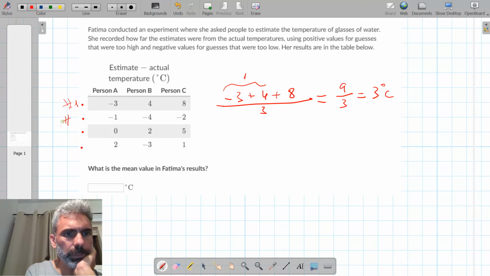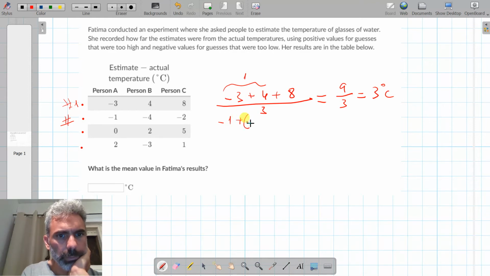Okay, for glass number 2, -1 plus -4 plus -2 over 3.